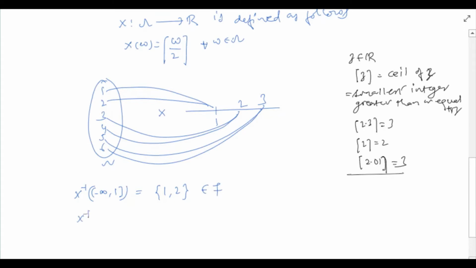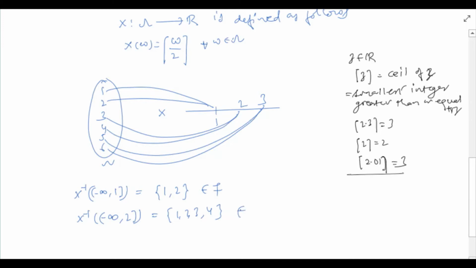On the other hand, if we consider the pre-image of the set minus infinity to 2, it is {1, 2, 3, 4}. Why? Because all these numbers 1, 2, 3, 4 are mapped to either 1 or 2.